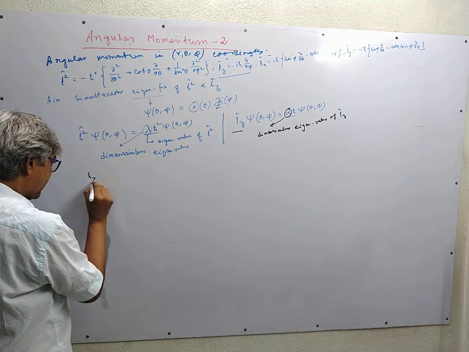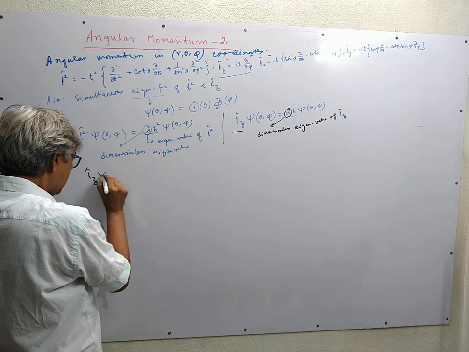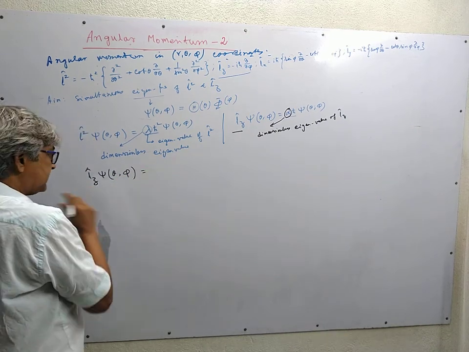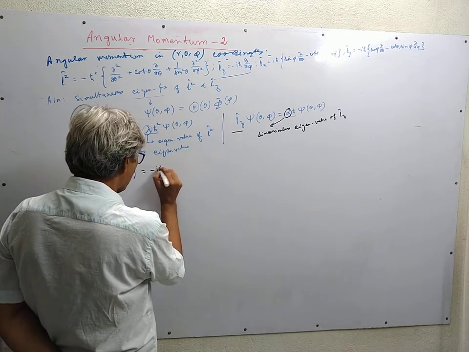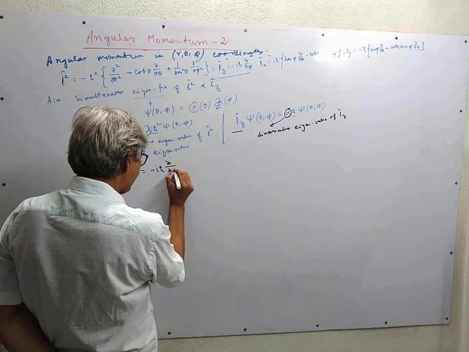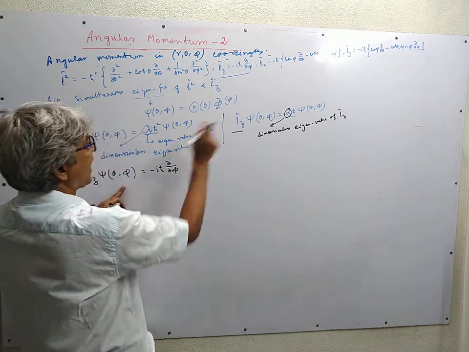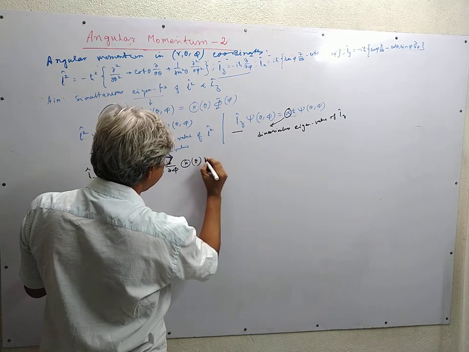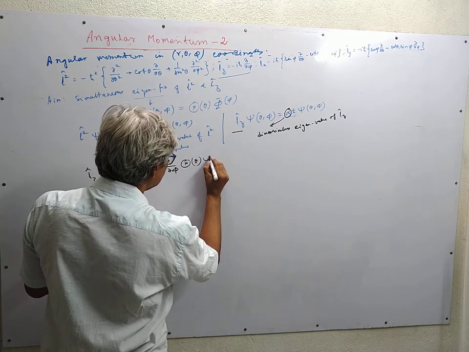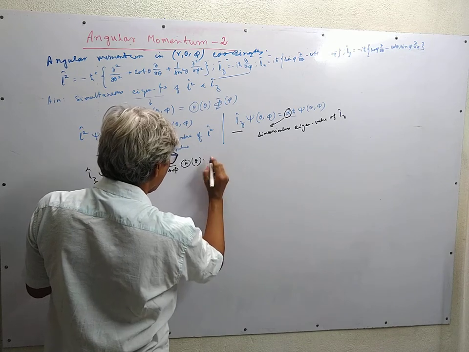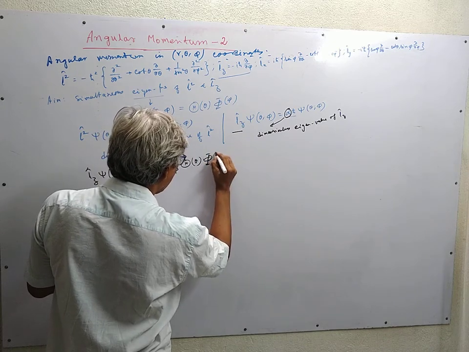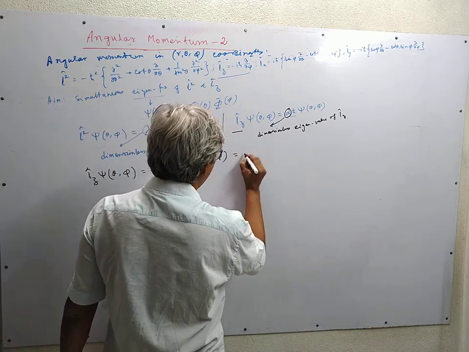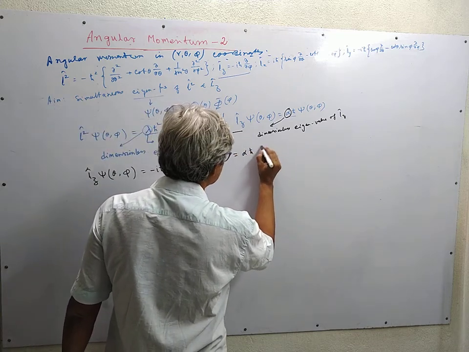Our aim is to find these out, and I will first start with this equation. So Lz operating on theta phi. Lz is minus i h cross del by del phi, operating on this as per this trial solution, and on the right hand side I will have alpha h cross.